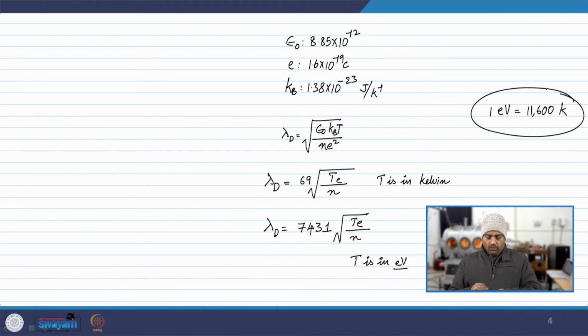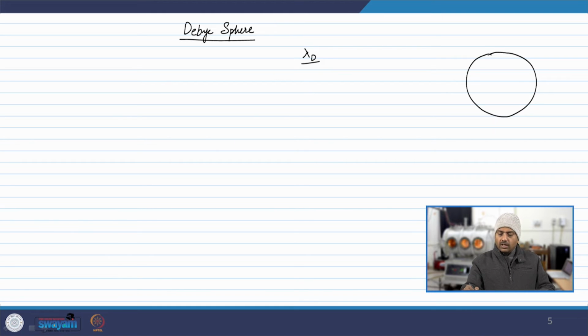In extension to this concept, we discuss what is called the Debye sphere. What is a Debye sphere? Construct a sphere with a radius of lambda D. This sphere is called the Debye sphere.